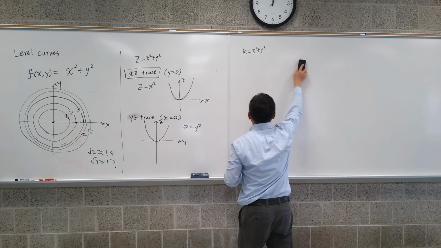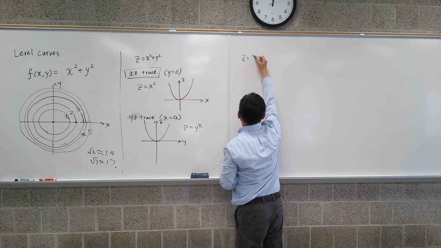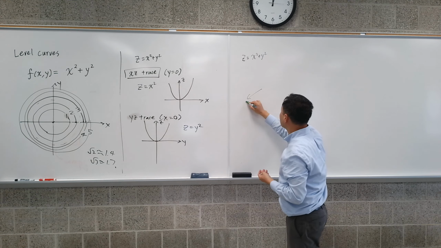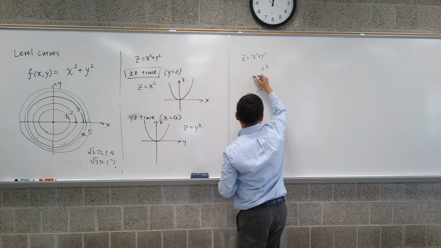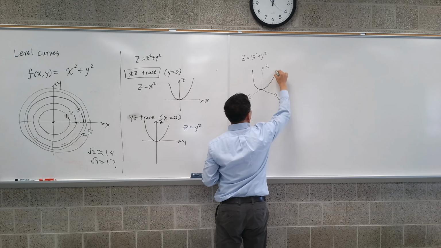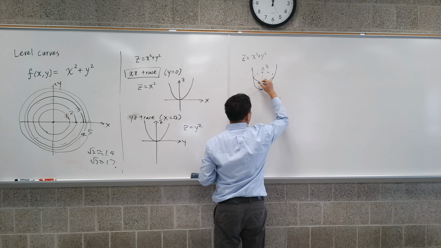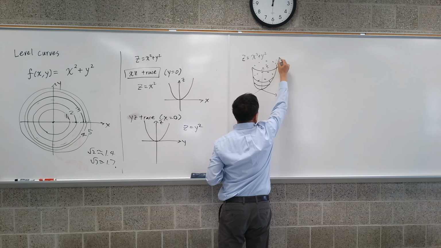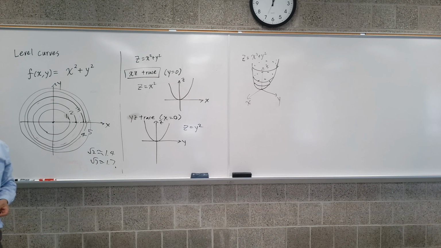Putting all those together will give you a pretty good idea of what the picture should be for the actual surface. So if you were to draw z equals x squared plus y squared, here's x, here's y, here's z, and it'll be a bowl-shaped thing with circular cross sections. Okay?